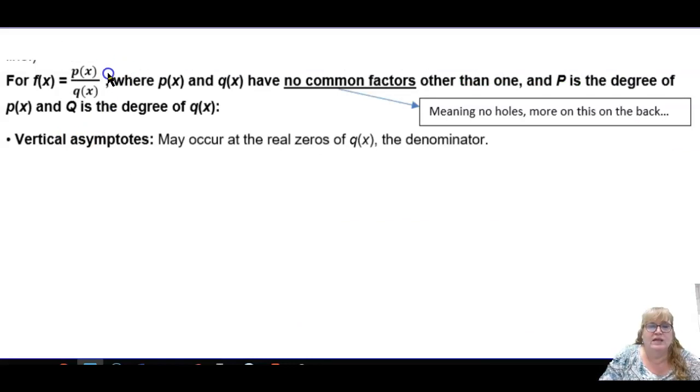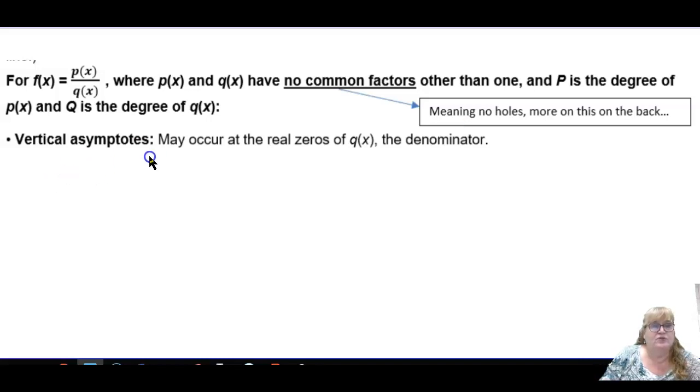Now, when you take a rational function, you're putting a polynomial over another polynomial. If those have no common factors, okay, then these are the steps we're going to go through. If they have a factor in common, then there's a hole, and that's going to be on the back of the notes in just a minute.